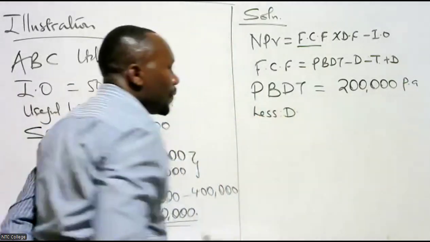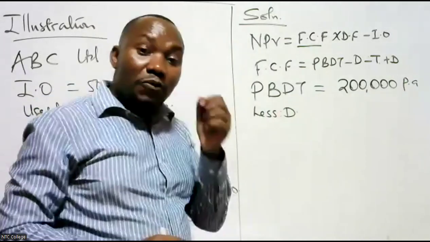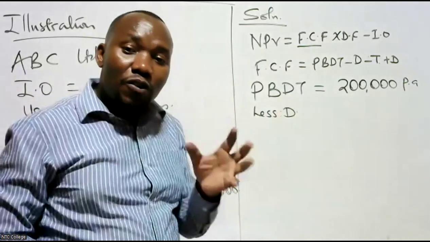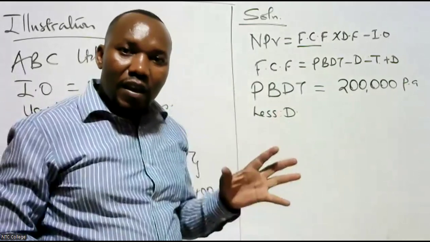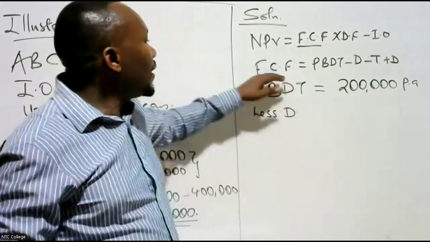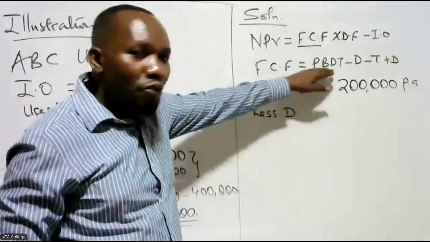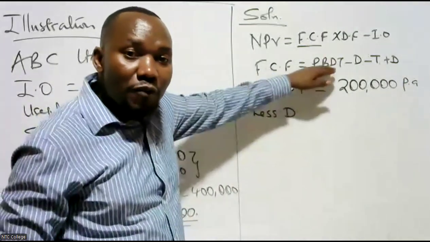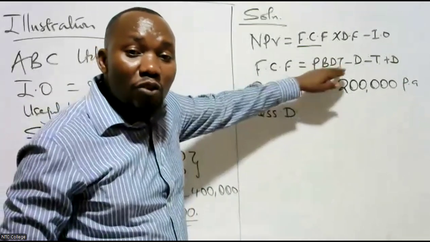Why? When we are looking at free cash flow, we are looking at cash flow that is not attached to anything, cash flow that you can even keep in the bank and nobody can disturb you. But the way it is here, when we still have it as operational cash flow, which is profit before depreciation and tax, the government is still looking for some money.